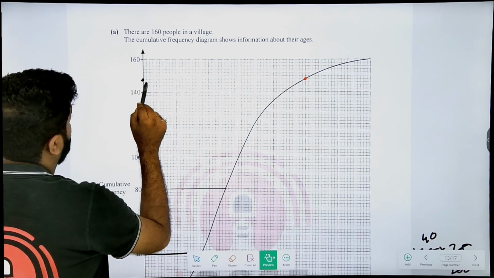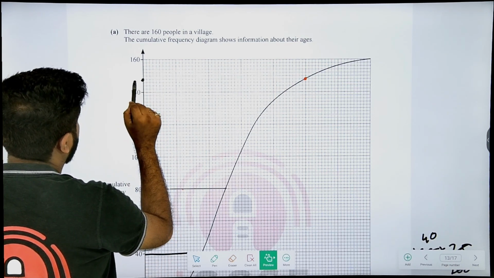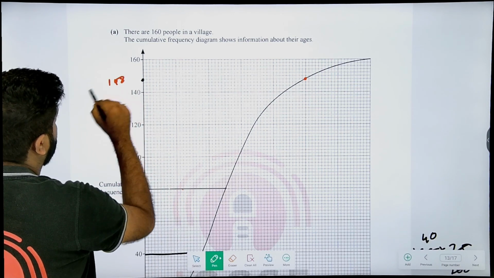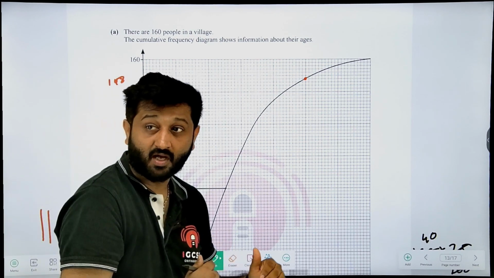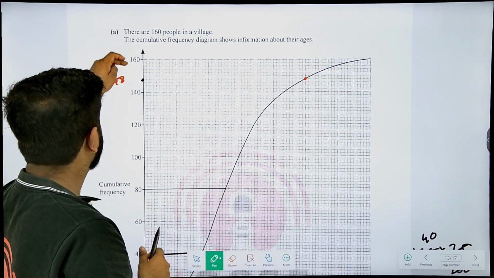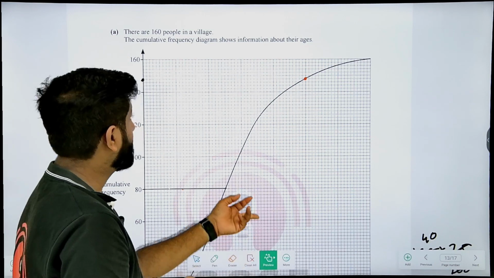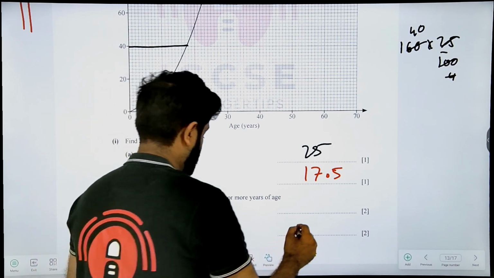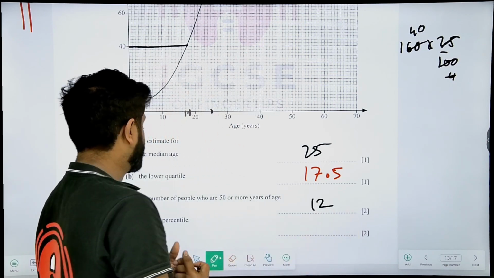So 142, 144, 146. This should be 148. So the number of people who are 50 or more is 160 minus 148, which is 12 people. So there are 12 people above the age of 50.